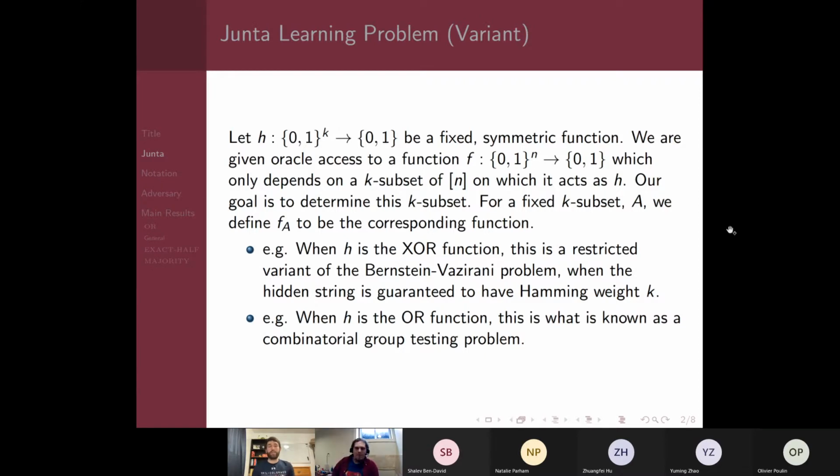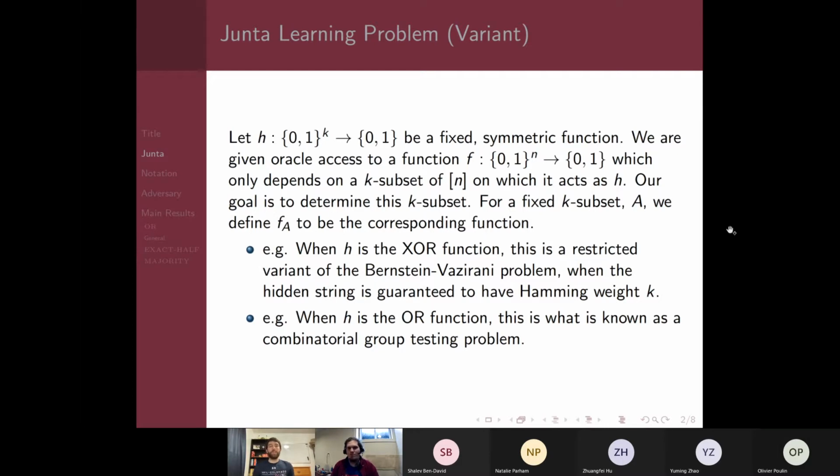So we're given oracle access to a function f from a set of size n to 0, 1, but it only depends on some k subset of n. And on that k subset, it acts as h. So this is a junta, but specifically with this fixed symmetric function known up front.